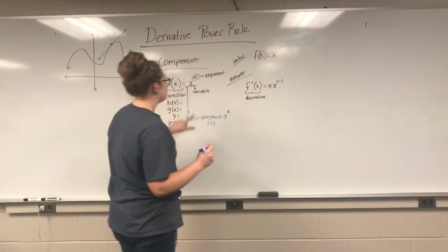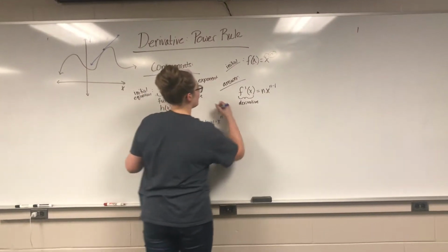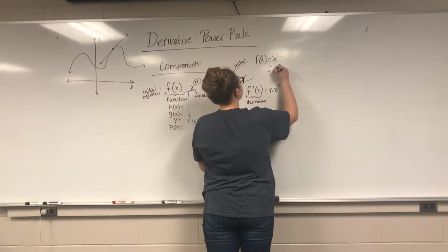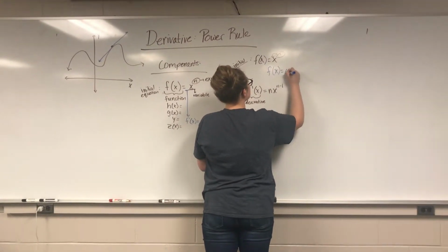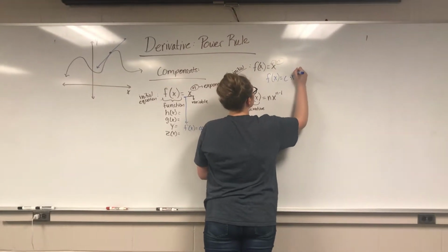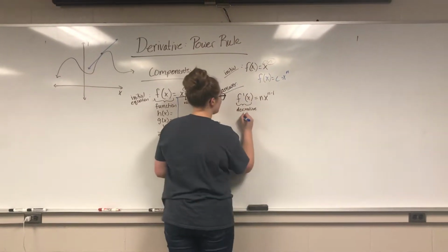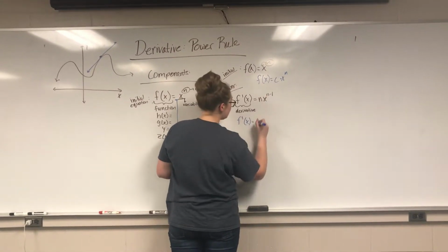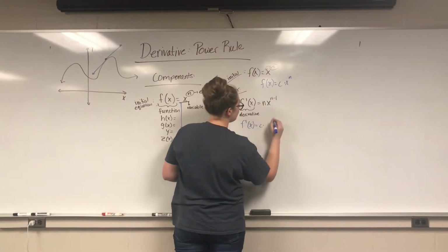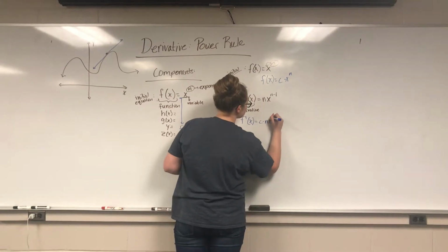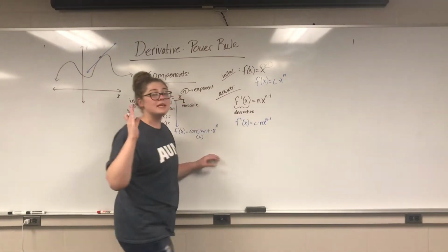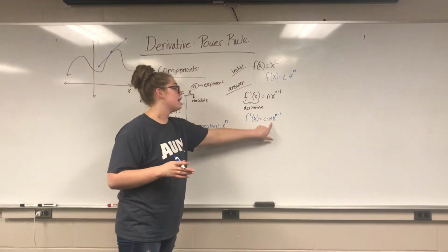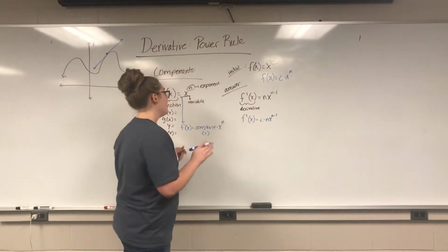So in that case, f of x equals c times x to the n. F prime of x would be c times n, x to the n minus 1. You just keep the constant out front and multiply the constant and the exponent together.